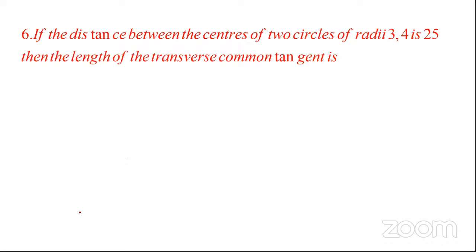If the distance between the centers of the two circles of radii 3 comma 4 is 25, then the length of the transverse common tangent is 12, 26, 24, or 13. Just use the formula from the previous discussion. So this is what is asked, transverse.